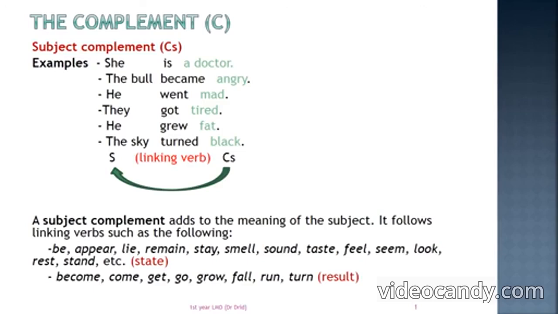To get: the sky got dark. To go: he went mad. To grow: he grew fat. To fall: he fell asleep. To run and to turn in the same way. So they indicate a change of state. All of them are linking verbs.